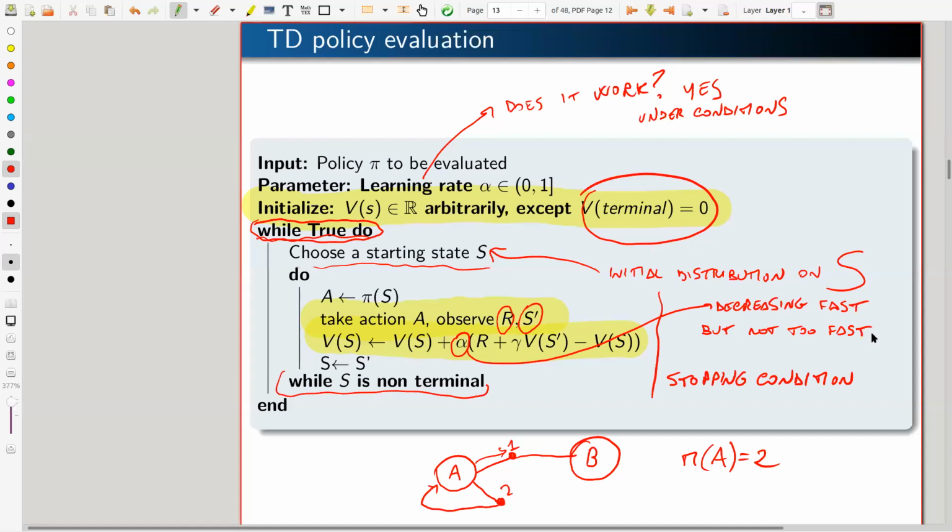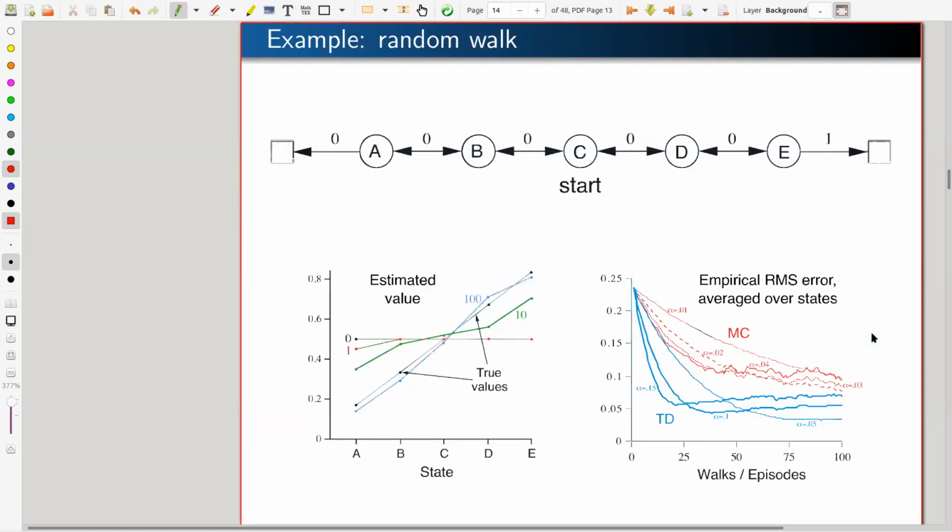Now you have temporal difference methods and Monte Carlo methods, and this is a picture telling you which one is better. A big open question in reinforcement learning is whether TD is better than MC, or vice versa.